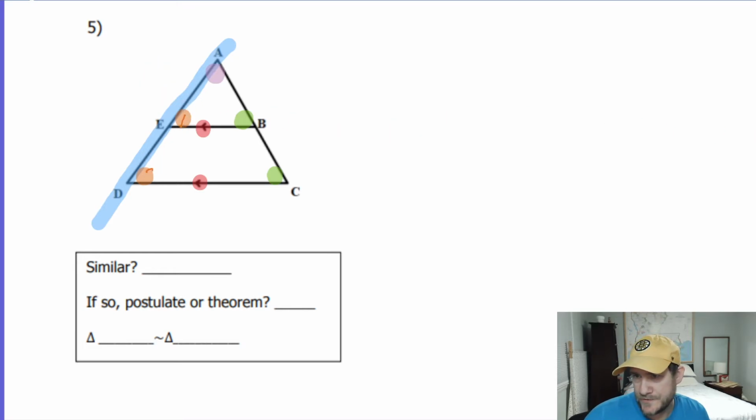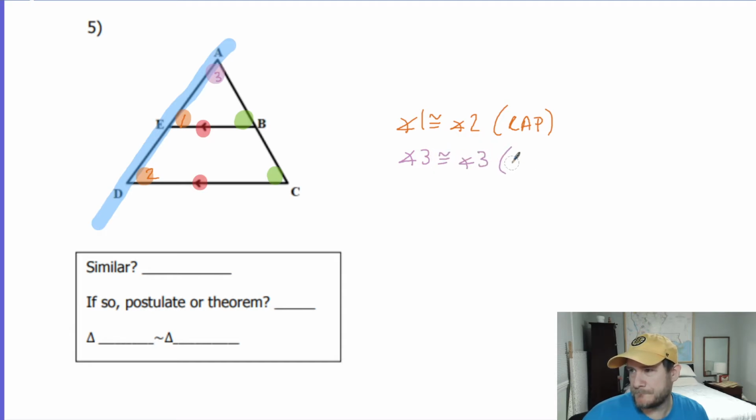I'll label them 1 and 2. We'll say angle 1 is congruent to angle 2. That's going to be by the corresponding angles postulate. And you know what? Let's use the reflexive property. We'll say angle 3 is congruent to itself. So it's reflexive property.